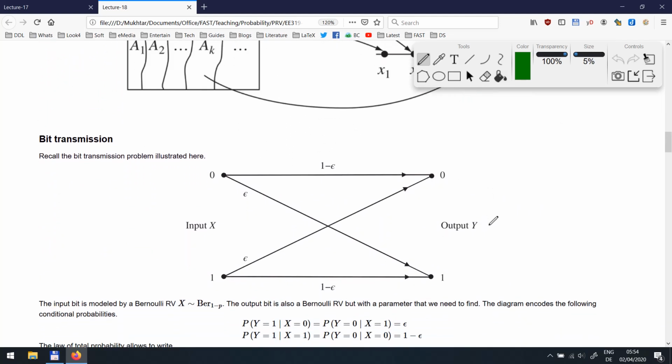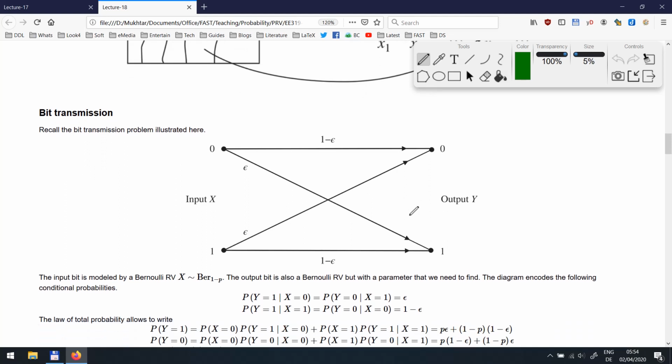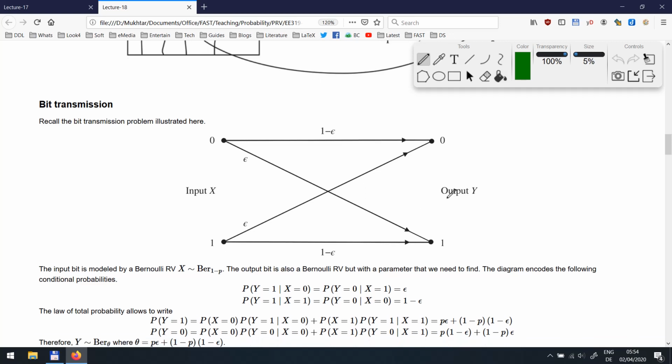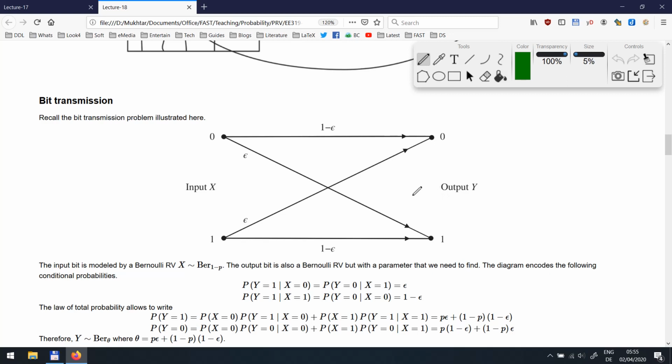This is a second example I added, the bit transmission example. And again, this is not new. We covered it many times in the context of total probability, conditional probability, and so on. The reason I included it here is to appreciate the simplicity in language when you bring in random variables.